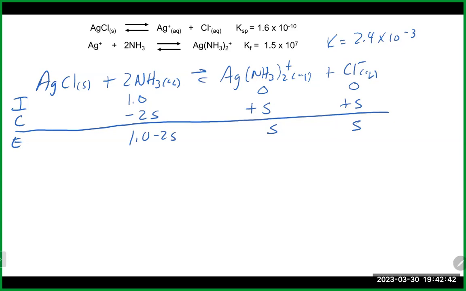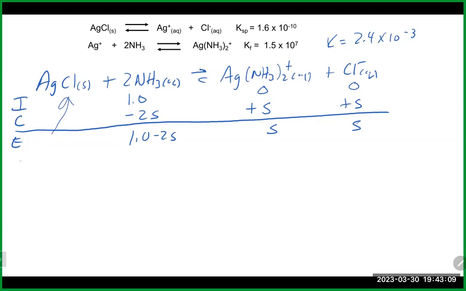And again, we're approaching more like a Ksp type problem because we're looking at molar solubility, a little different. We actually do, in this case, have some stuff on the left-hand side there. I am not really putting anything in for the silver chloride because it is a solid, right? So it will not go into the equilibrium, although we are going to relate it to this in just a second, but we're not going to put any numbers.